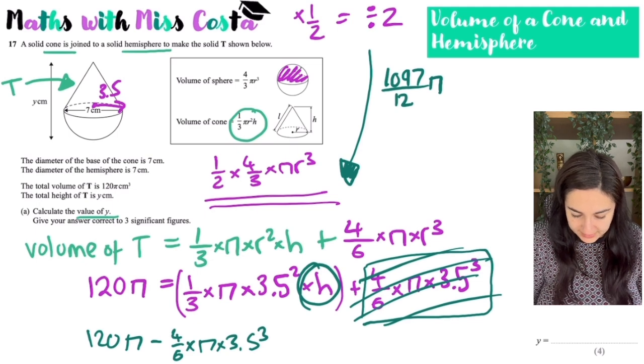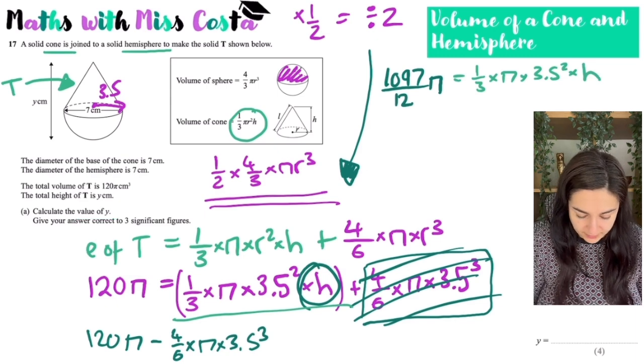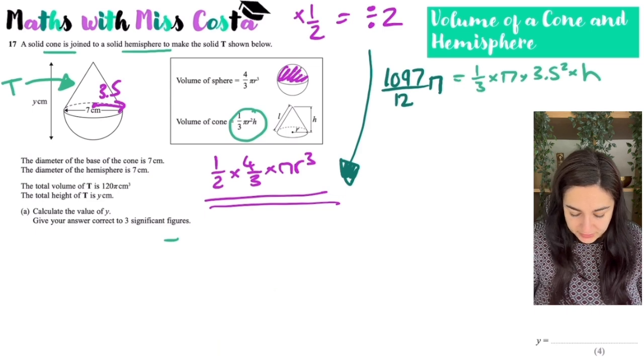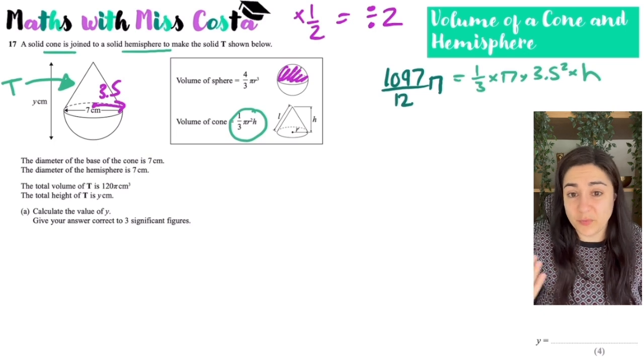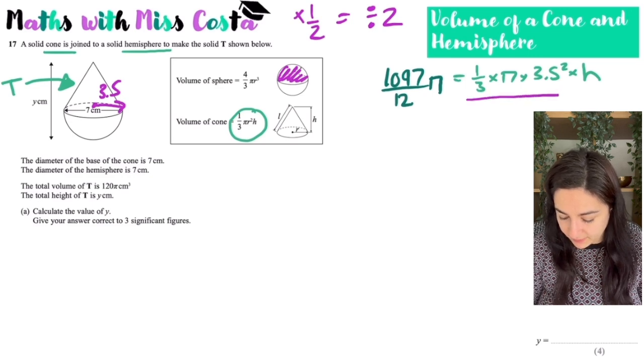Okay, so I'm just left with this bit here now. So this must equal 1/3 times pi times 3.5 squared times by h. I'll just get rid of everything over here so that I can move over here now. Okay, so I'm just rearranging it, and it's just got more numbers than usual, but you've got a calculator so you can do this. Okay, so what can I do then? I can simplify this side of the equation here.